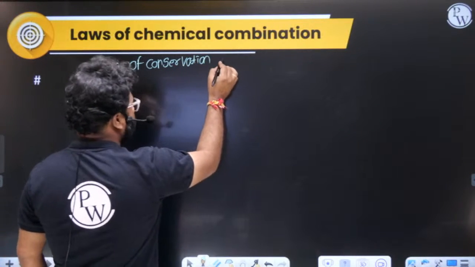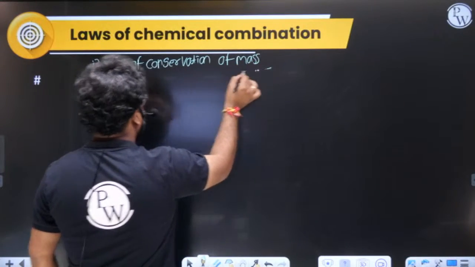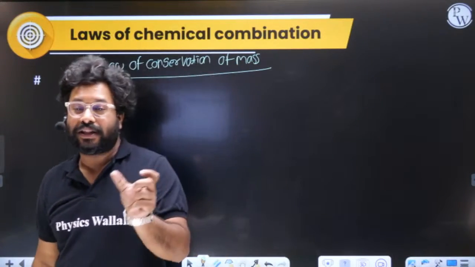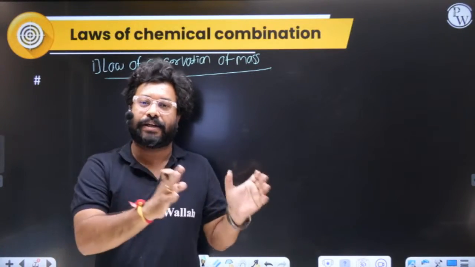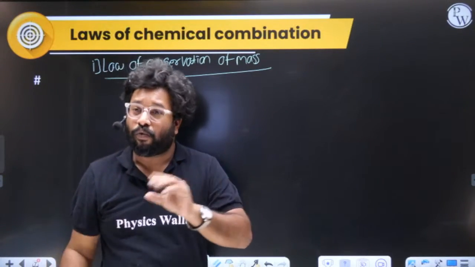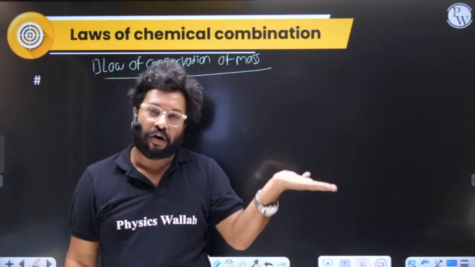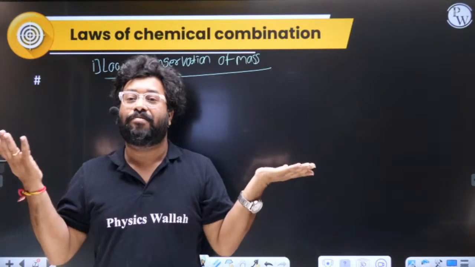Now what is the law of conservation of mass? It says that mass of all the reactants is always equal to mass of all the species present in products. Basically, whatever chemical reaction you are performing, the total weight of all the reactants is always equal to the total weight of all the products.